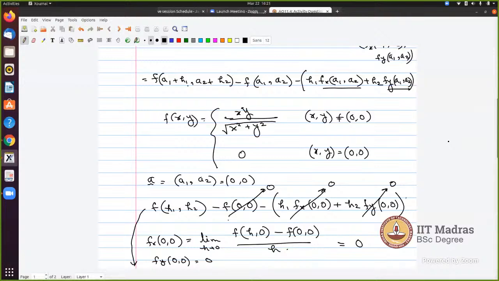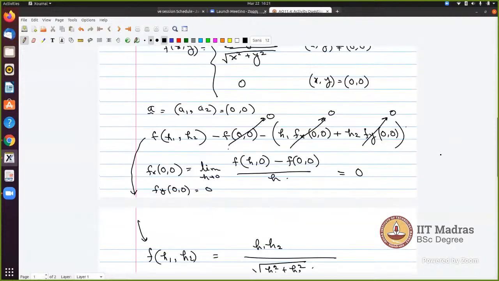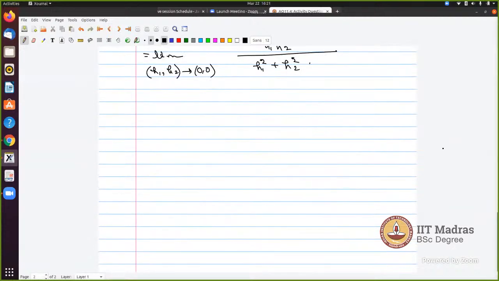It is y cube by x square plus y square when (x,y) is not the origin and zero otherwise. Okay. So this was your function, right? Yes, sir.